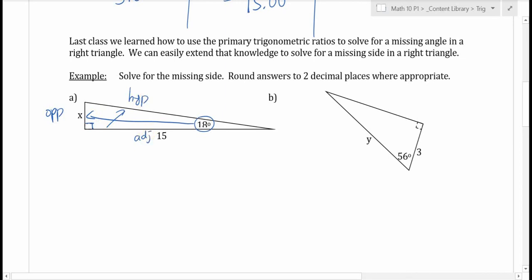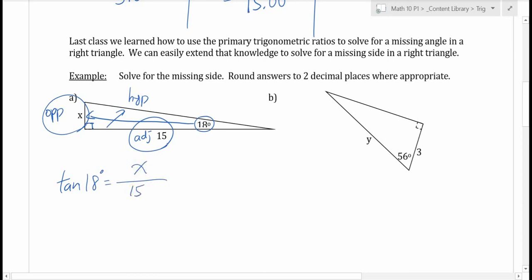So which ratio should we use: sine, cosine, or tangent? The side that we're interested in is the opposite side. The side that's given to us is the adjacent side. So we are going to use opposite and adjacent, and the trig ratio that has both opposite and adjacent is tangent. So tangent of the angle 18 degrees is equal to the opposite side, which is x, over the adjacent side, which is 15.